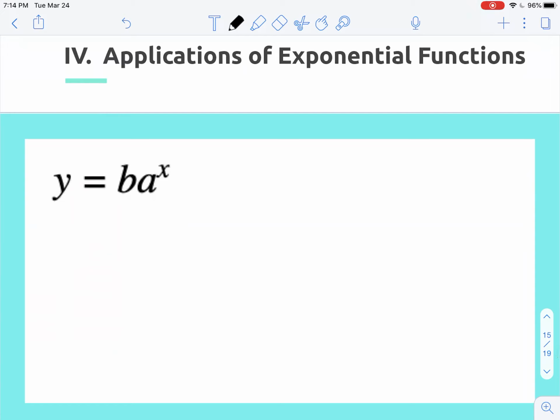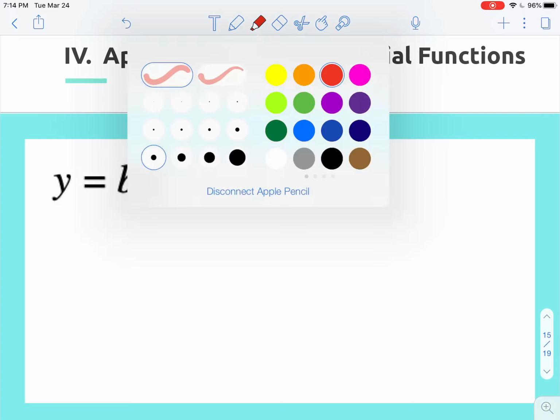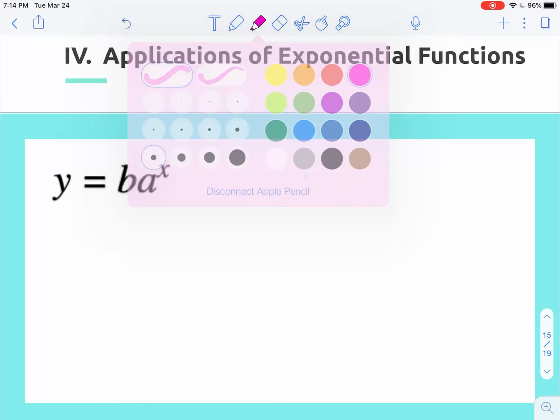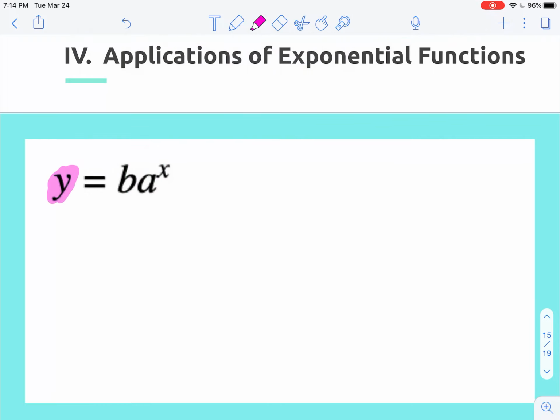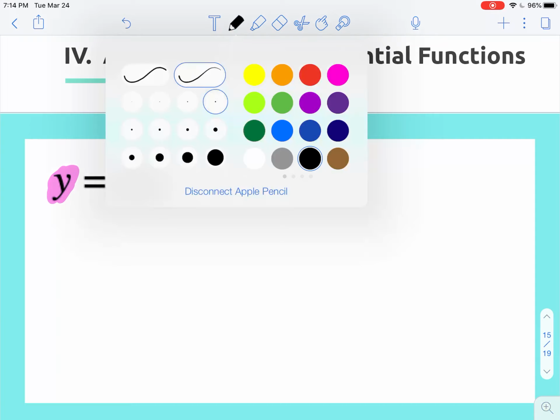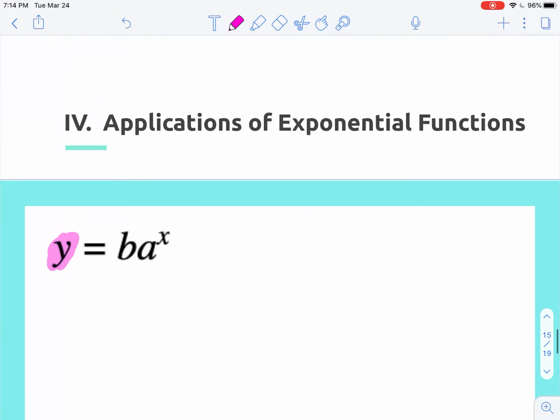Before we get there, let's take a look at the general equation for an exponential function, and let's talk about what the different pieces mean. So, this y over here stands for the ending value, okay?